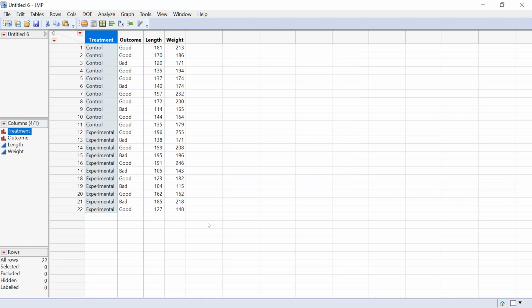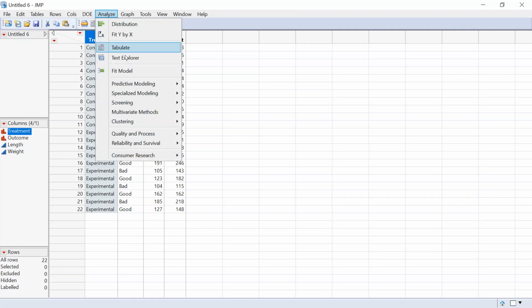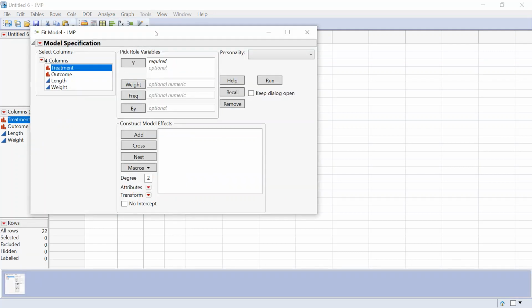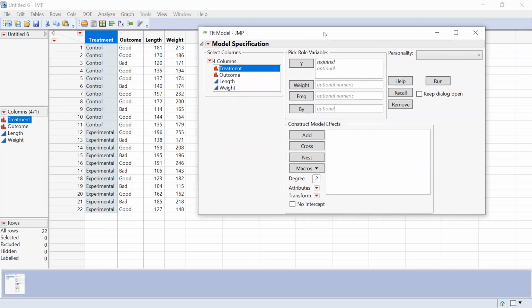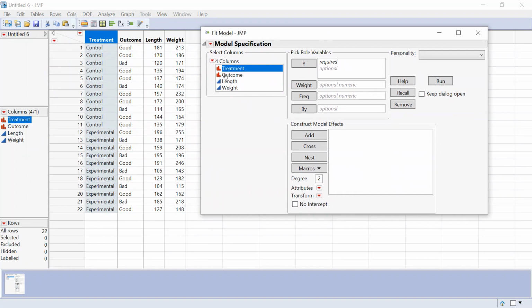So once you've thought about your data more, you may want to get a bit fancier with your analyses. So let's go to Analyze and Fit Model and have a look at some other things that you could do. So you might be interested in the relationship between length and weight, two continuous variables.